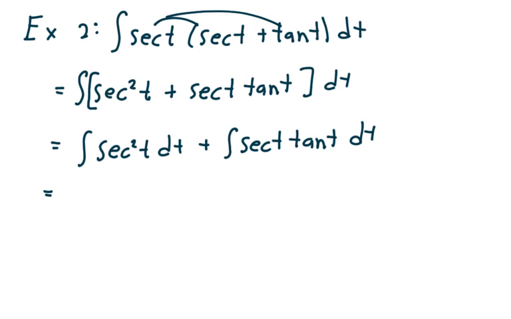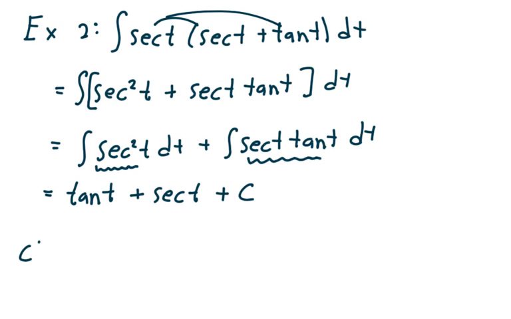Now, can you tell me the function whose derivative is secant squared t? And that's tangent t, okay? And the function whose derivative is secant t tangent t is secant t. And then I add c.